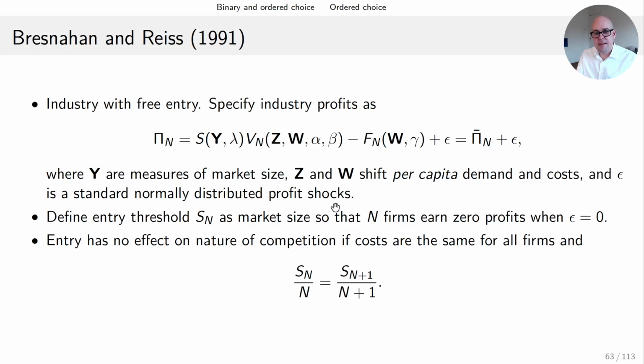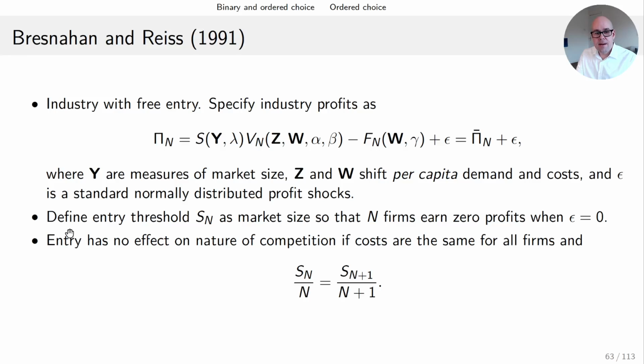So in some markets, the epsilon will be higher than in other markets. And that will explain that in those markets, even if Y and Z and W are exactly the same, in some markets we will observe more firms than in other markets. We'll get to how this works in a minute.